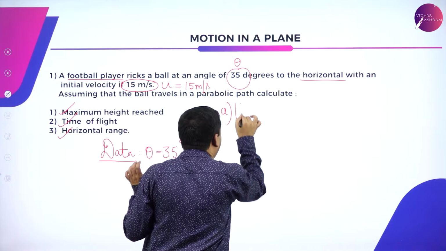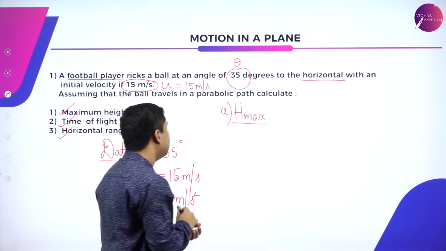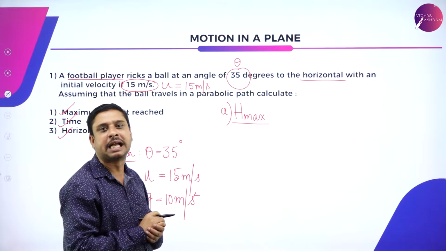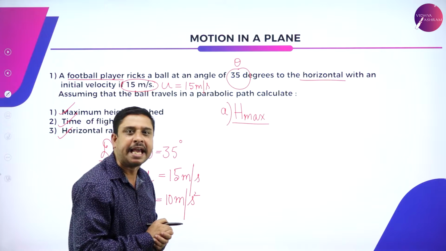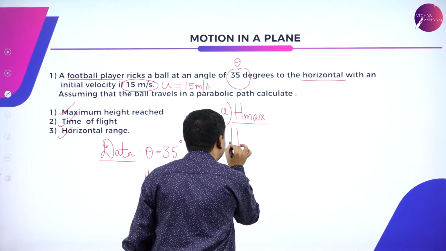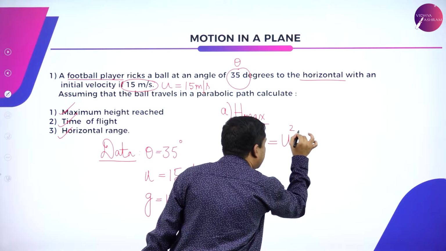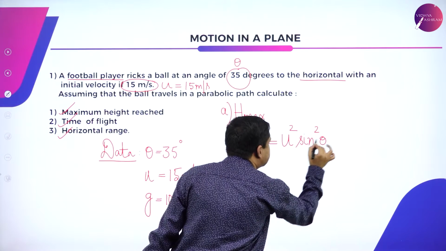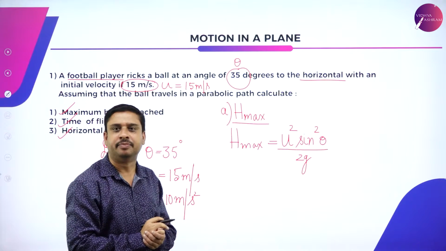So in the first part, I have to calculate the maximum height reached by the projectile, H max, the maximum height that is reached by the projectile. So we know that maximum height is given by the formula u square sine square theta by 2g.